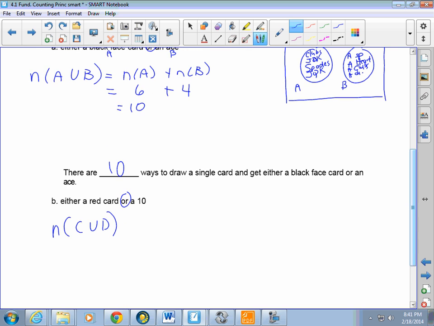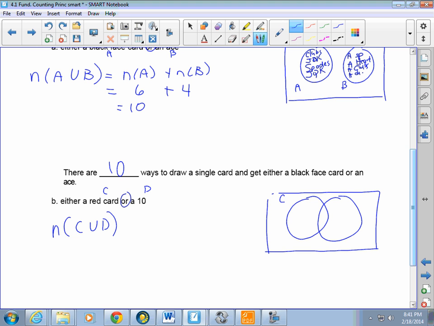So what that would look like if you did a Venn diagram, if C is our red card and D is our 10, so our C, we would have, let's do our overlap. In here you would have 10 of hearts, 10 of diamonds.